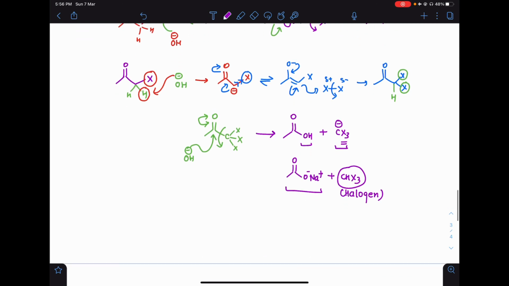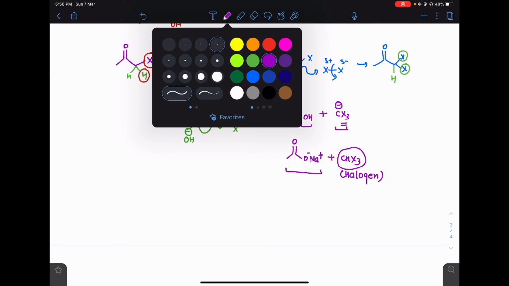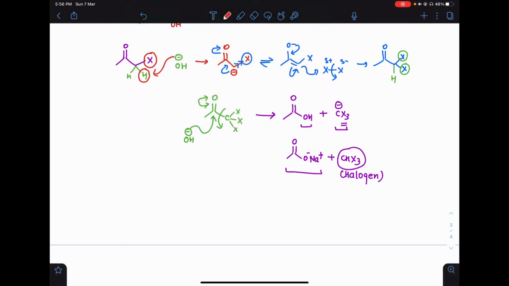Now, this reaction is used as an identification test for carbonyl compounds having C double bond O CH3 types of groups. If carbonyl compounds having C double bond O CH3 types of groups are reacted with NaOH and I2, the product formed will be CHI3, that is iodoform.